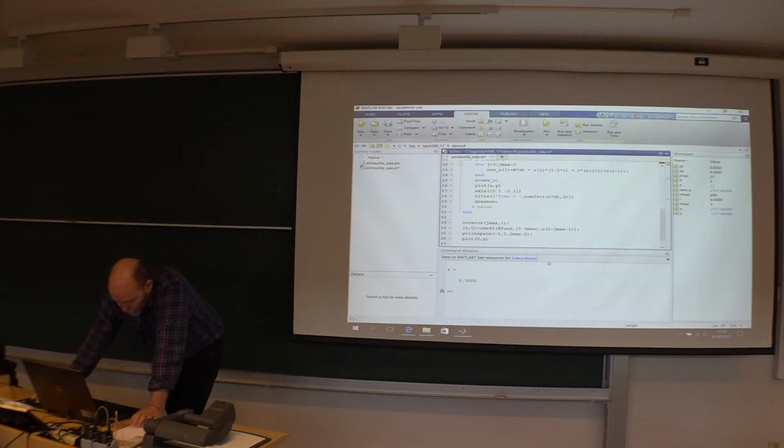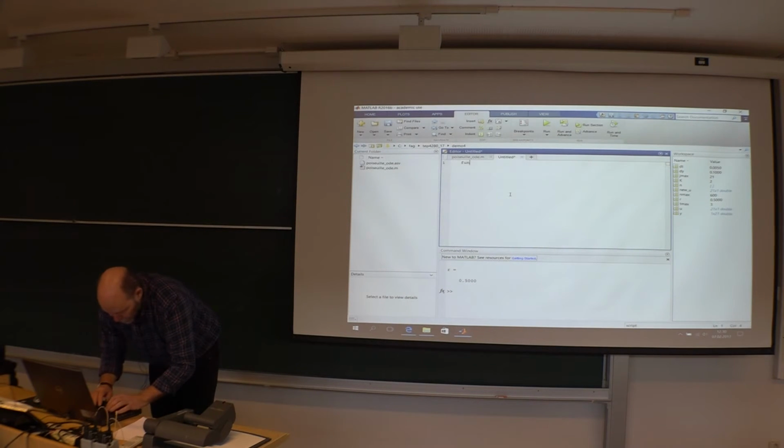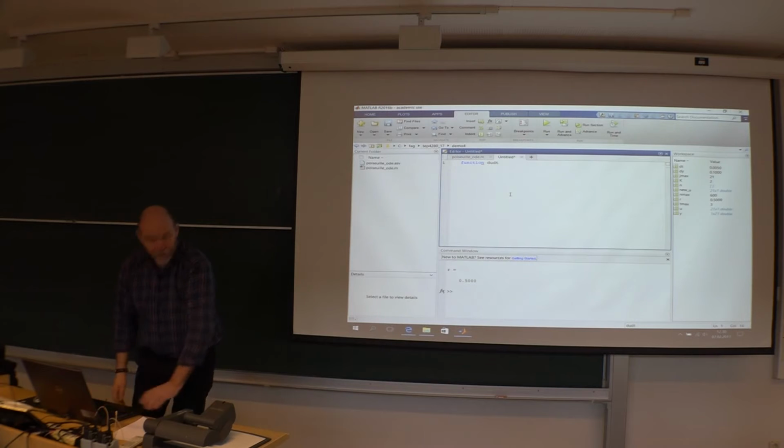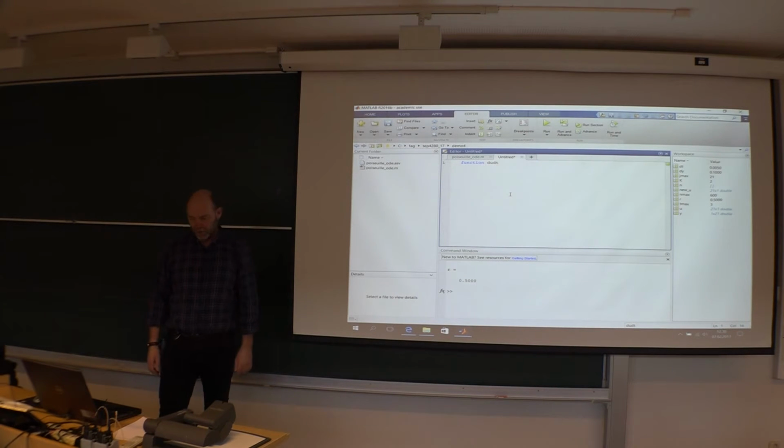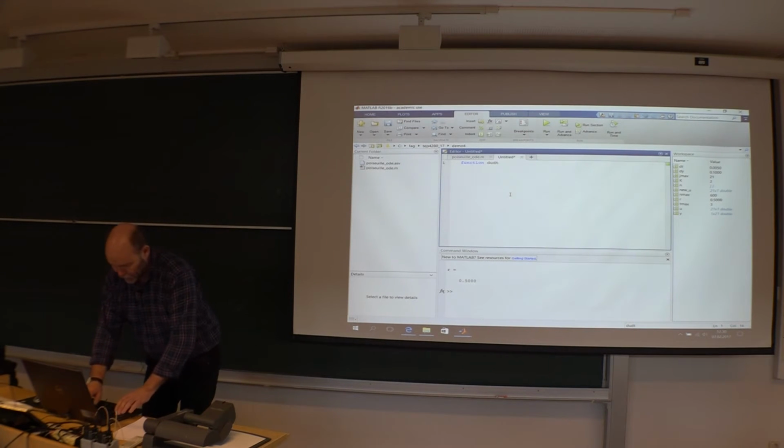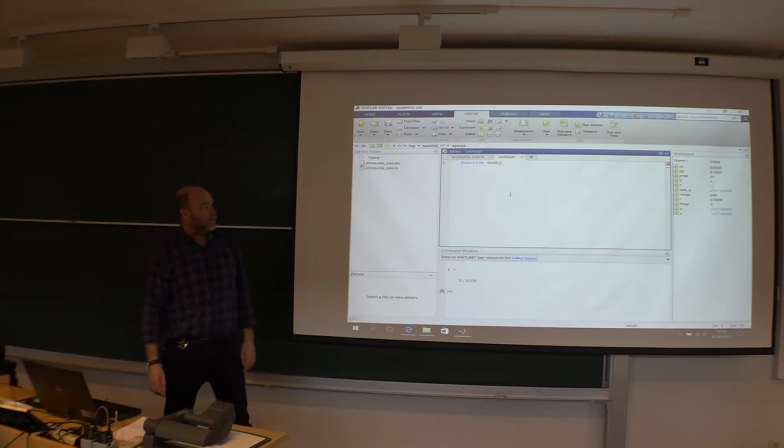But I have to create a function. So we need a new one. This function is now going to return the time derivatives, du dt. This is just an internal name, so whatever you call it really doesn't matter.